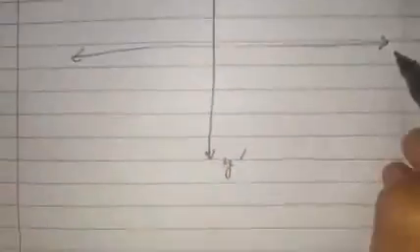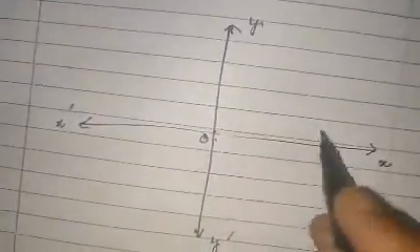Now we draw another diagram. Here the vertical axis is called the y-axis and the horizontal axis is called the x-axis, intersecting at the point, say O. O is the origin.